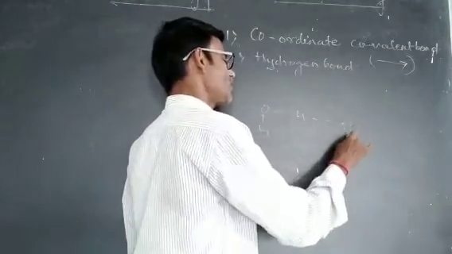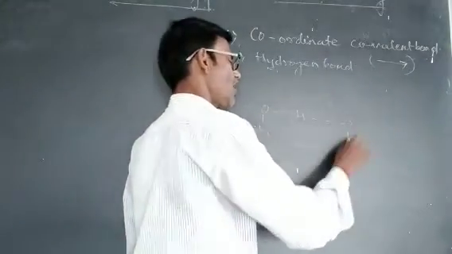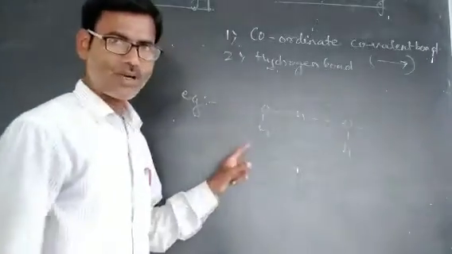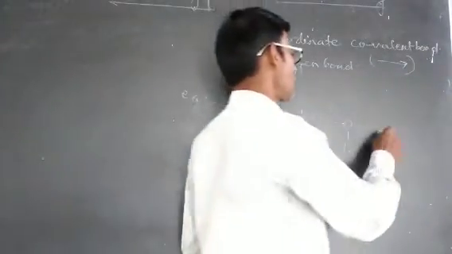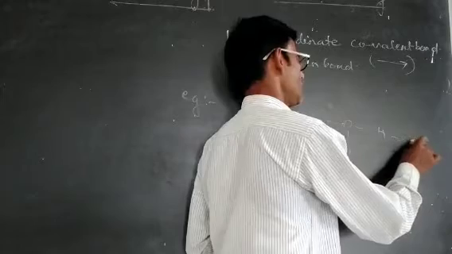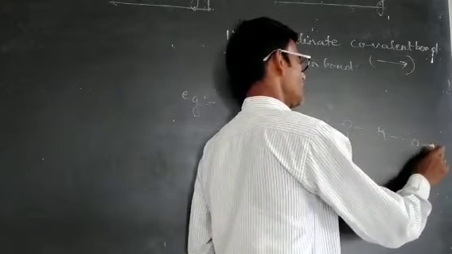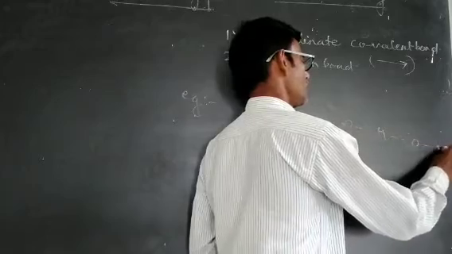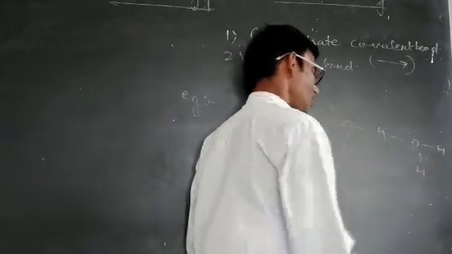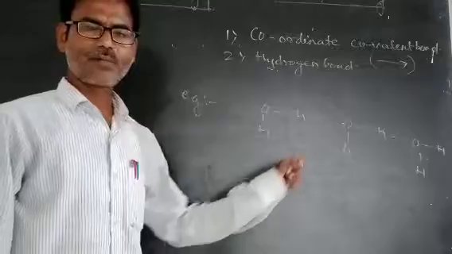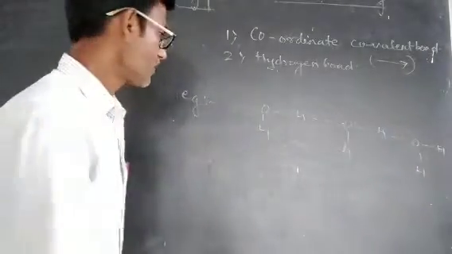Here hydrogen bond is formed between the hydrogen atom of one molecule and the oxygen atom of another molecule. In this way, hydrogen bonding takes place between the molecules of water, which link many molecules together.